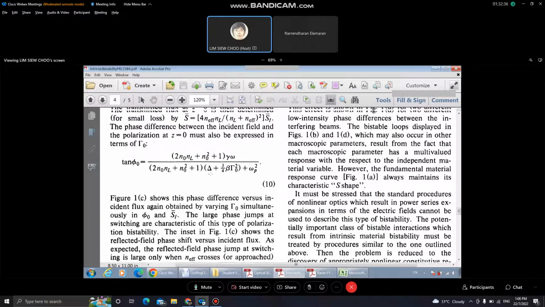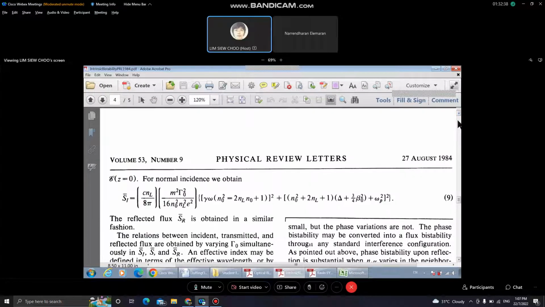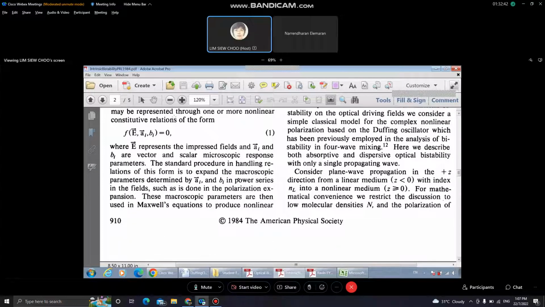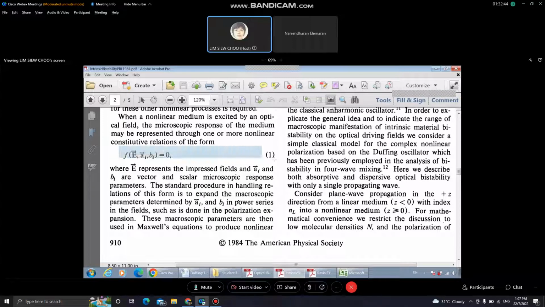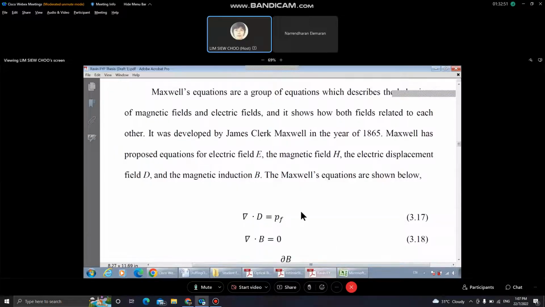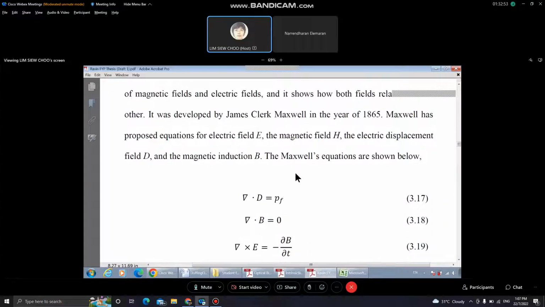You can see this is our main article. You did mention this equation 1, right? Yes, doctor. So anything related to this and also the Maxwell equations, you need to reorganize so that it is in chapter 4. Oh, okay, doctor. Okay, yeah. You need to reorganize.